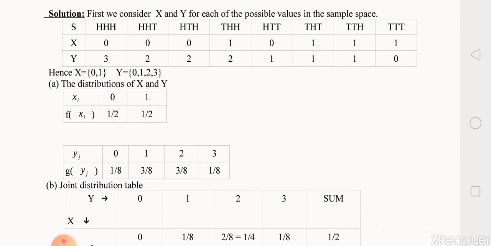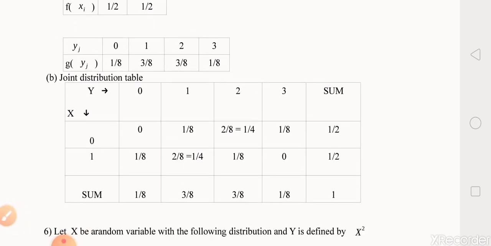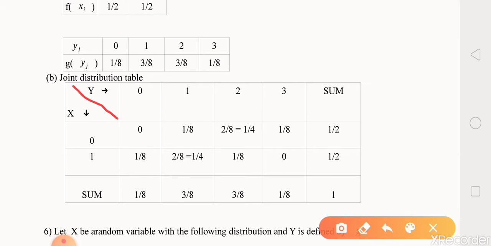Now we have to consider the joint distribution table with X and Y values. So it is better to split the table like this. Possible X values 0 and 1. Possible Y values 0, 1, 2 and 3. The last row and last column are for sum.